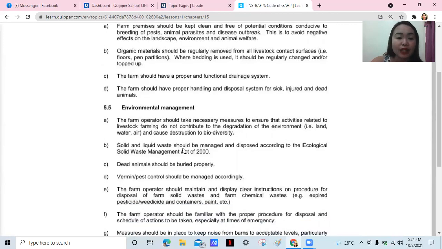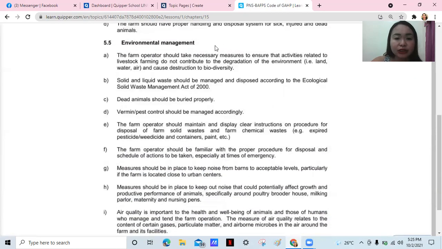So for environmental management naman, the farm operator should take necessary measures to ensure that activities related to livestock farming will not contribute to the degradation of environment that would include land, water, air, and cause destruction to our biodiversity, including the microorganisms and so on.